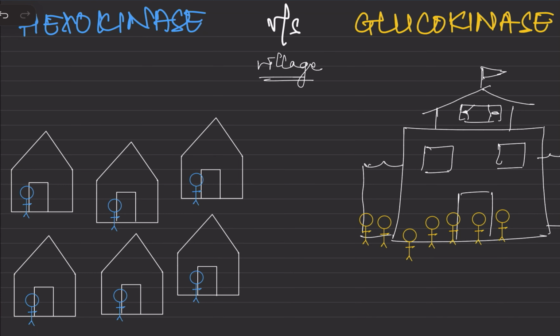In this video, we are going to understand the difference between two enzymes, hexokinase and glucokinase. Before we understand the difference between the enzymes, let's understand the function, because the function of both the enzymes is the same. Hexo means a 6-carbon molecule.